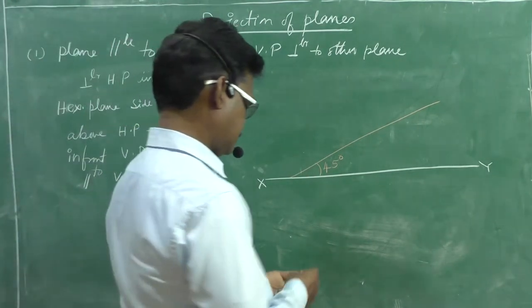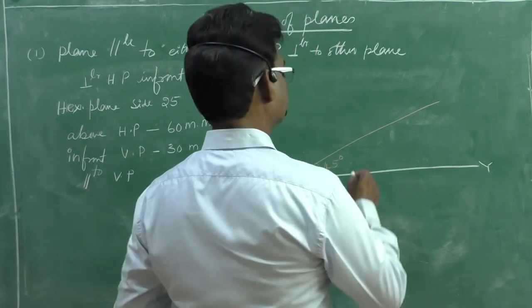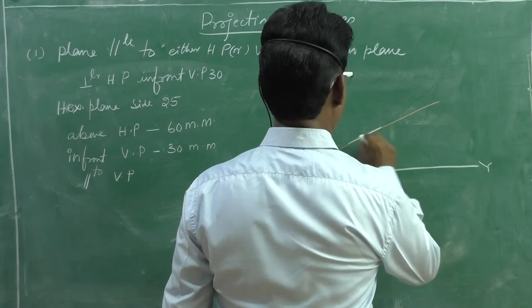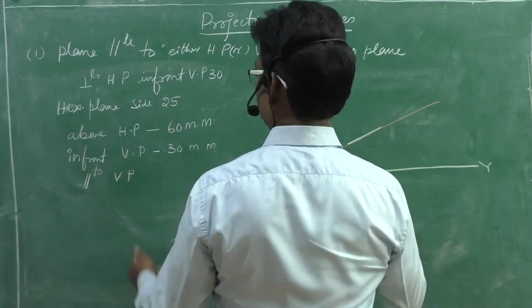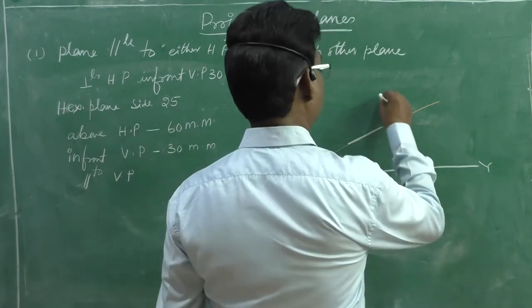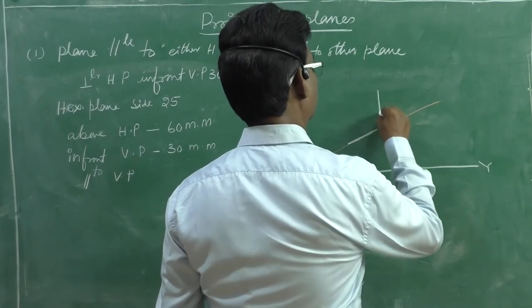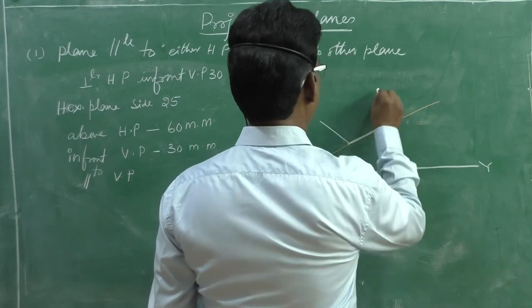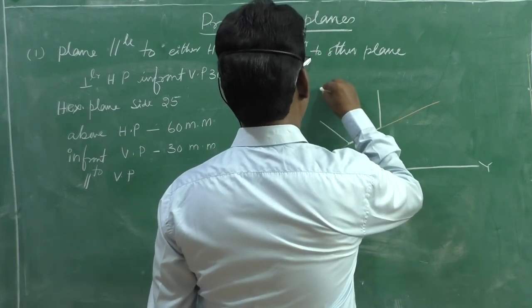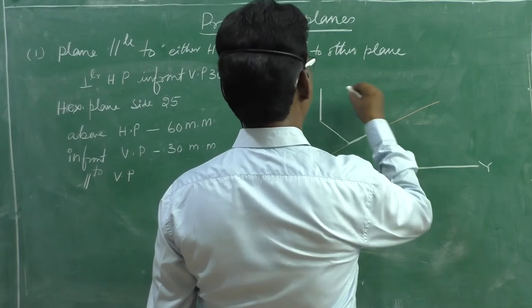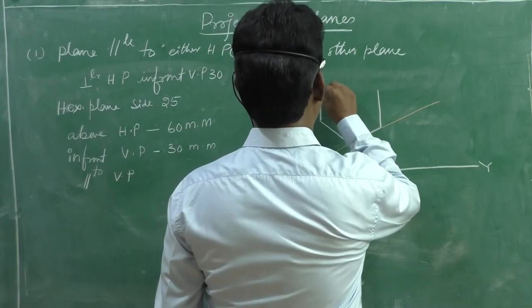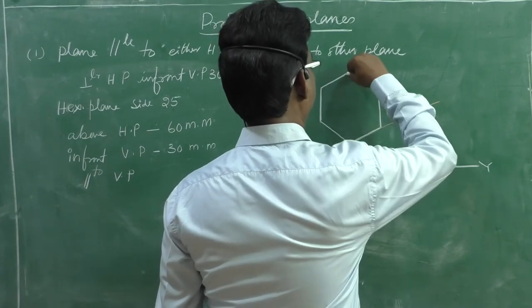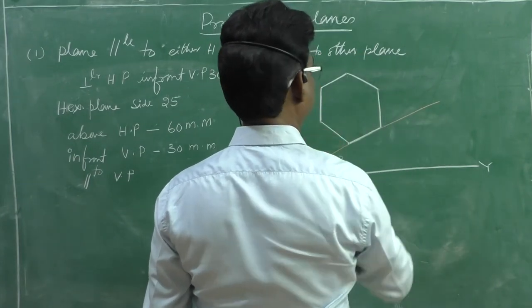After that, draw a line of length equal to 25 mm and construct the hexagonal plane here, right?